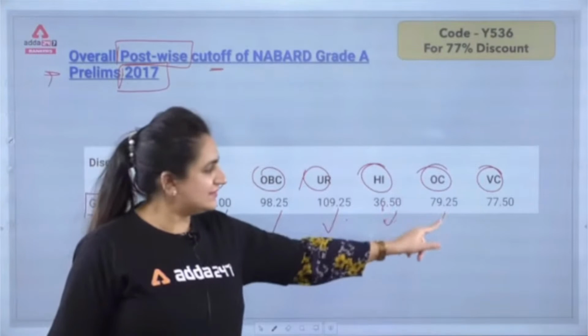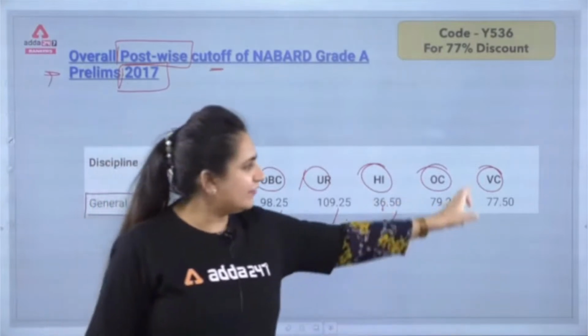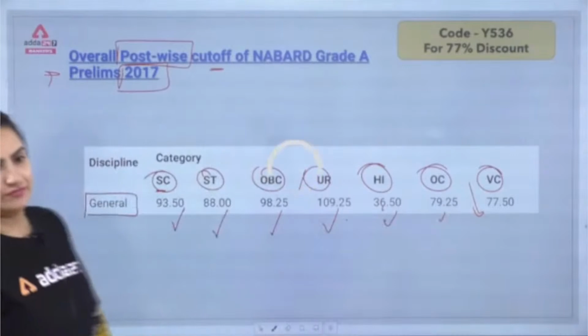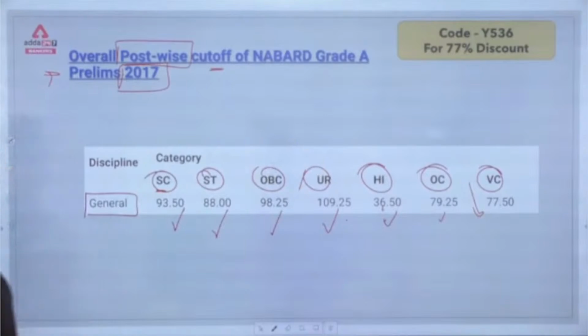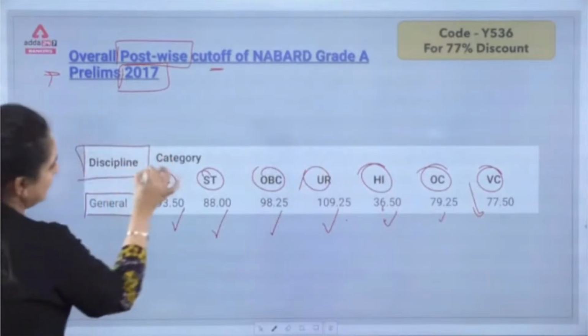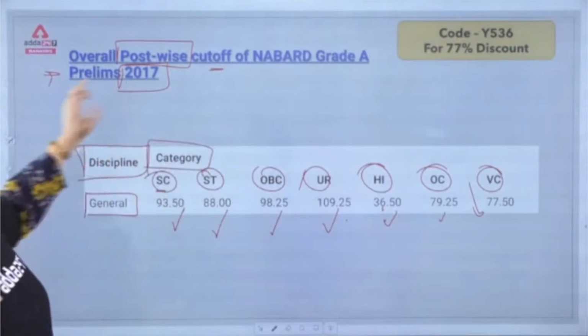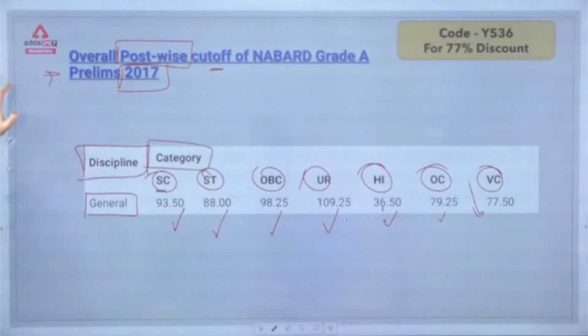For the OC part this is 79.25 and for VC it's 77.5. Zero. Again the discipline and the category is mentioned here for the prelims 2017.